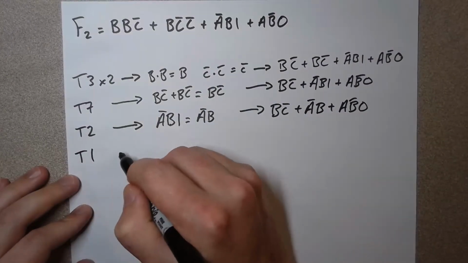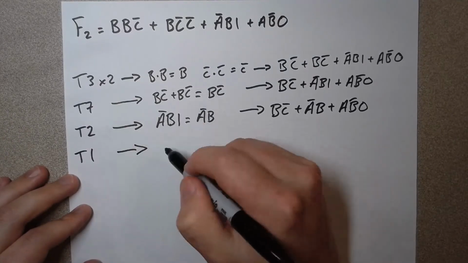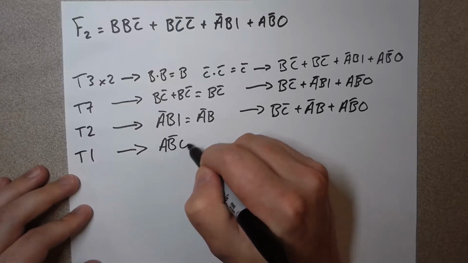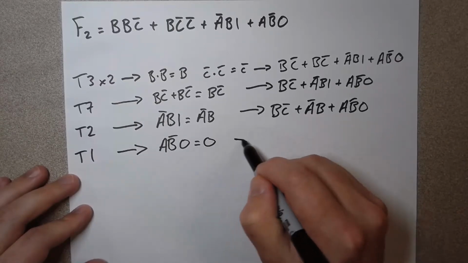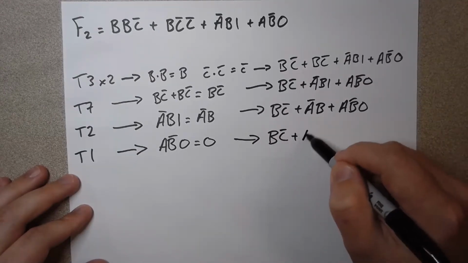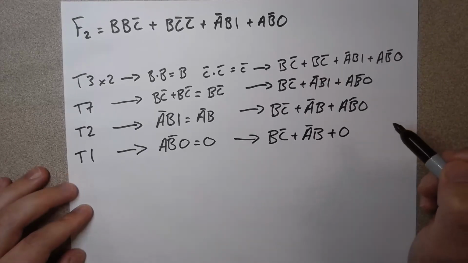Theorem number 1 tells us that if we AND anything with a 0, it is equal to 0. So that means A not B 0 is equal to 0. So we get B not C plus not A, B plus 0.